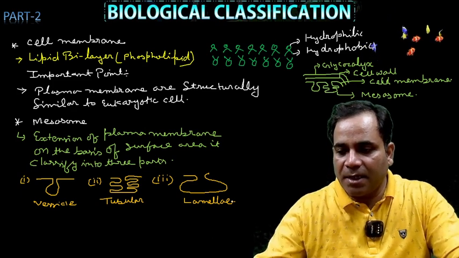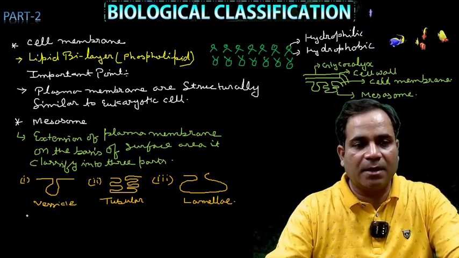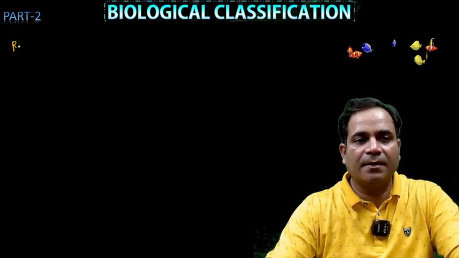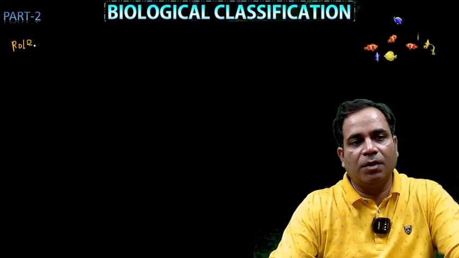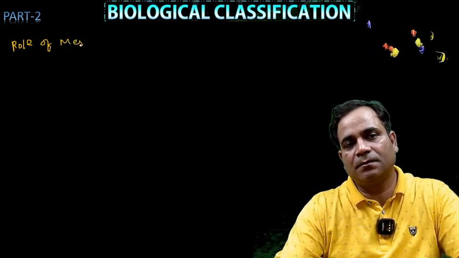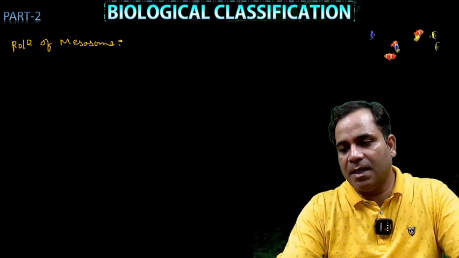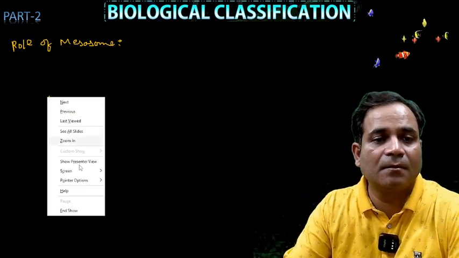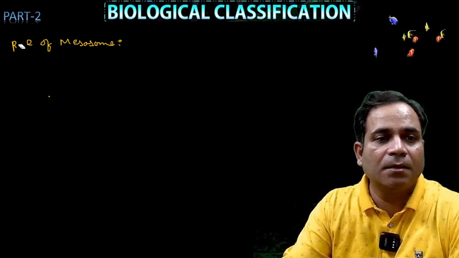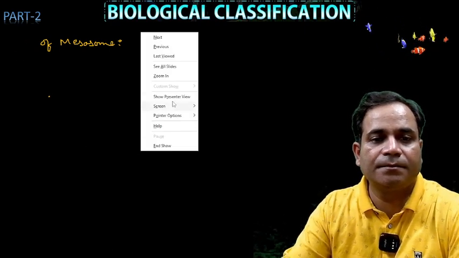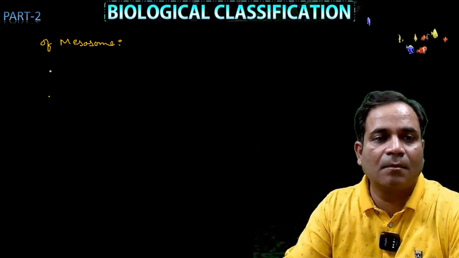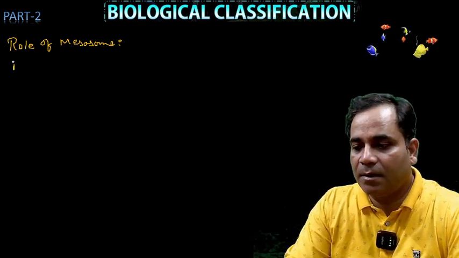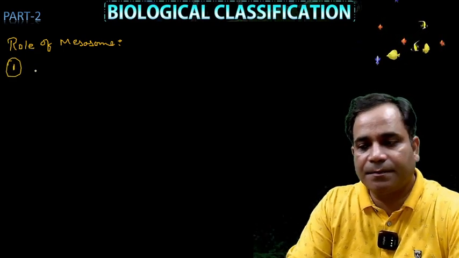Okay. Now see what the role is. Role of mesosome. Number one, enzyme for respiration.